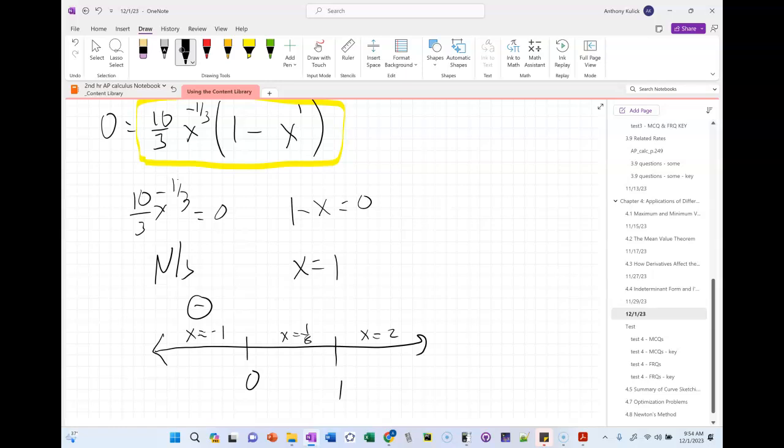Okay with that? So I plug in here, that gives me a negative. I plug in here, that gives me a positive. So negative times positive is negative. I don't care what the number is. I just care about whether it's positive or negative.